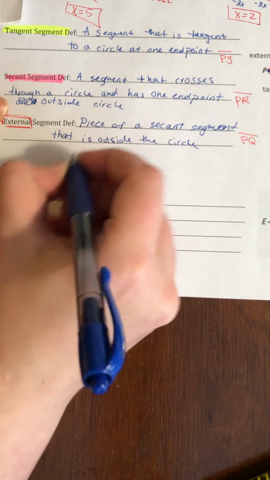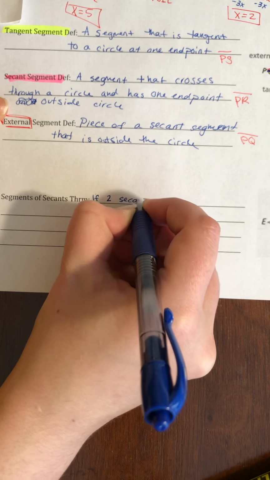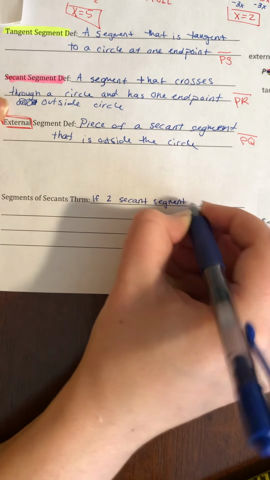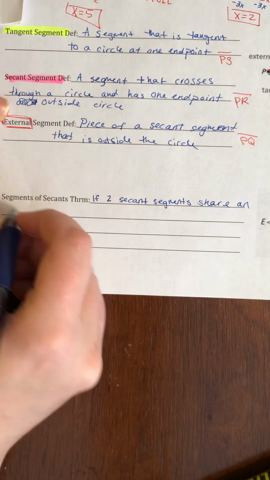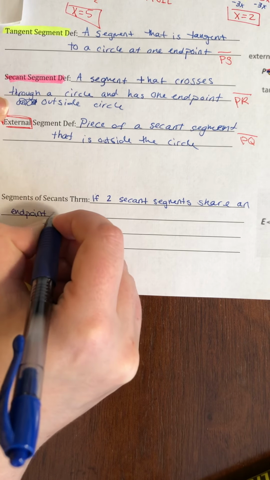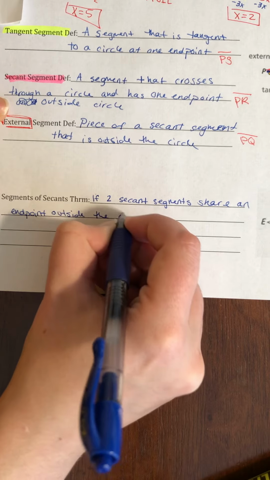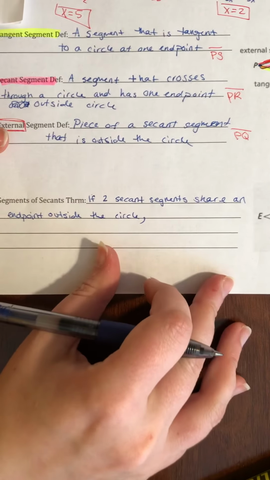So if two secant segments share an endpoint outside the circle, so here I have EB and ED, they both meet at E outside the circle.